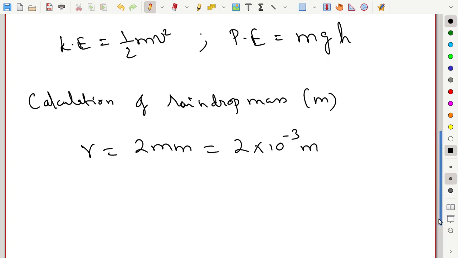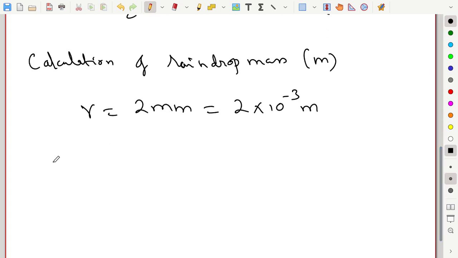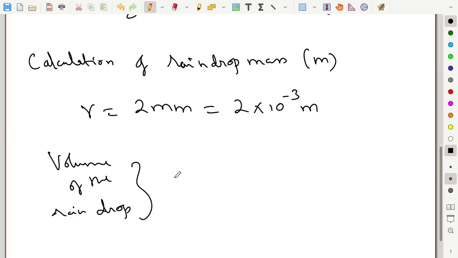Next, we want to find the volume of the raindrop. So V equal to, if we assume the shape of the raindrop as a sphere, then we can have the volume as 4 by 3 pi r cube.